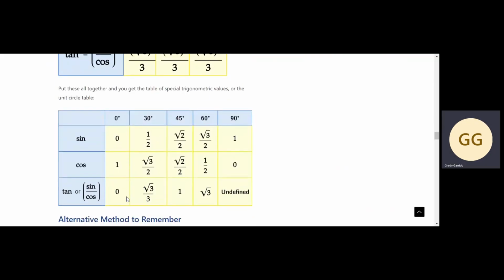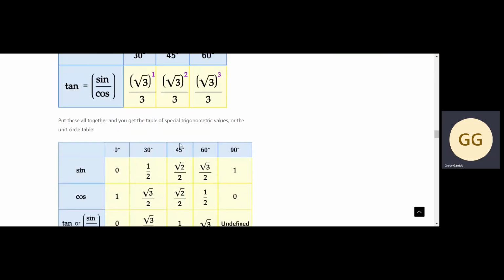And here, the tangent is 0. The tangent is undefined. Those are string values, and the 45 is corresponding to 1 because, well, sine and cosine are equal.